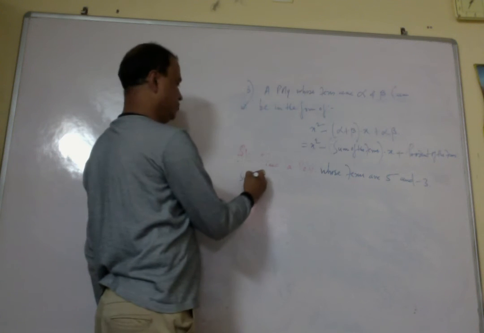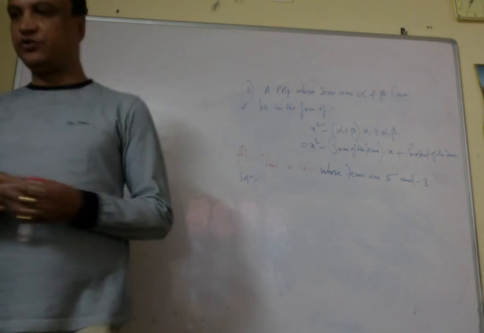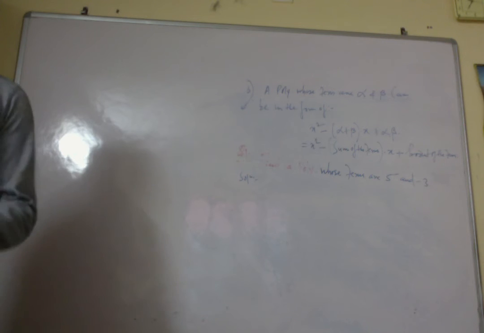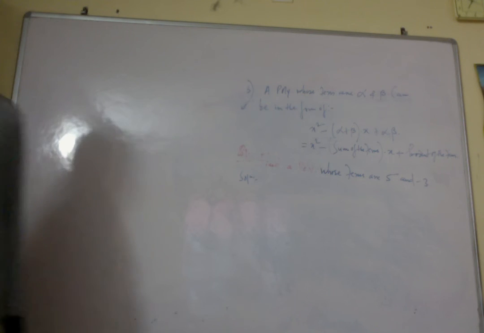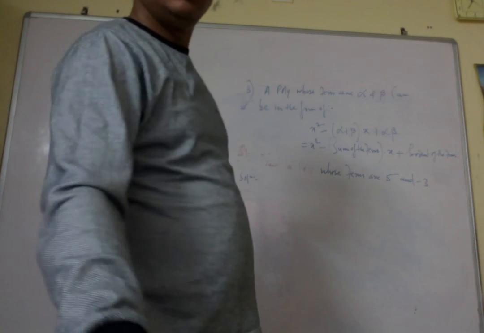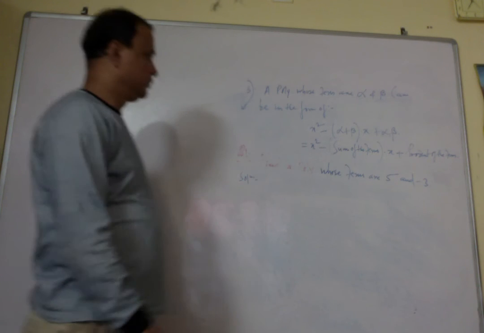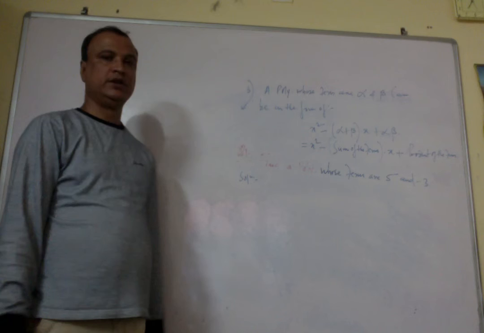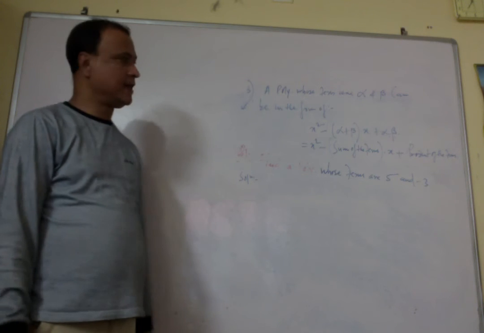Solution. Class, please try this. Can anyone tell me the answer for this? Find a polynomial whose zeros are 5 and minus 3.